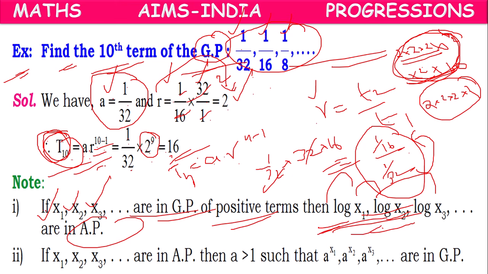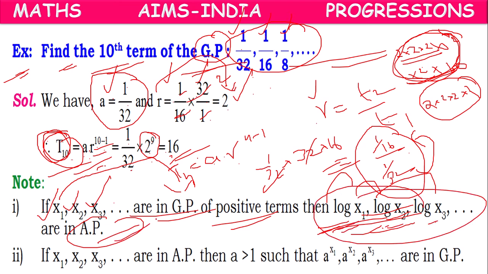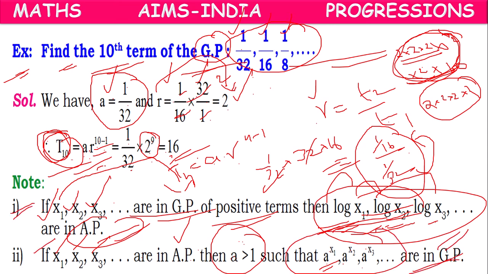So you just have to remember, if the given sequence is in GP and you take the logarithm of each term, then the resulting sequence will be in AP. And if x1, x2, x3 are in AP such that a is greater than 1, then a power x1, a power x2, a power x3 will be in GP. These things you have to keep in mind.